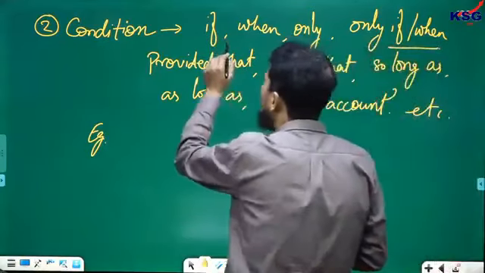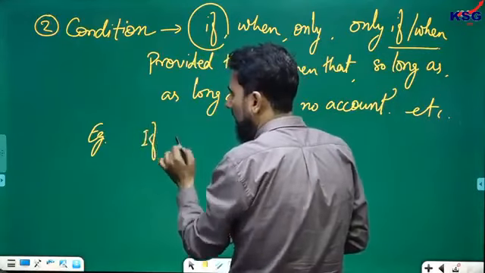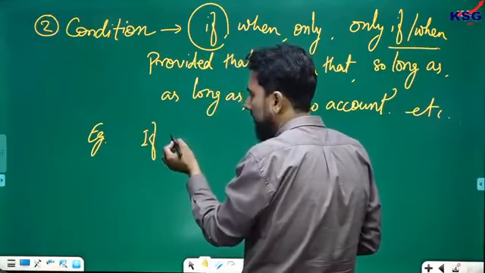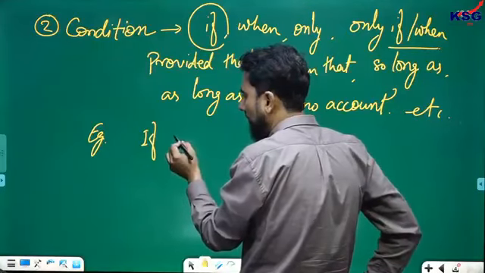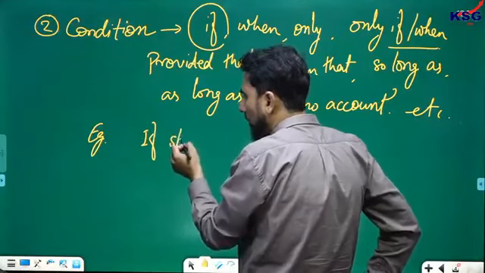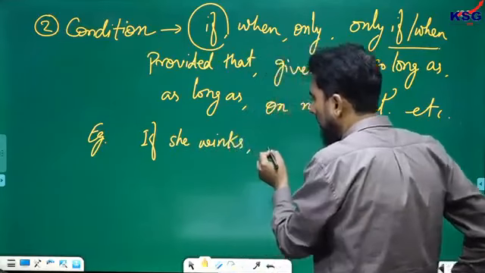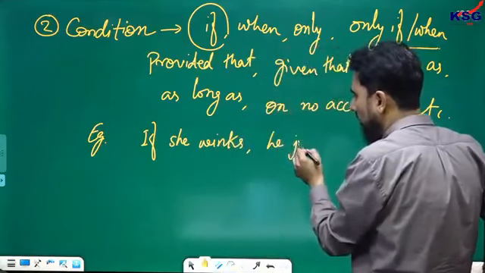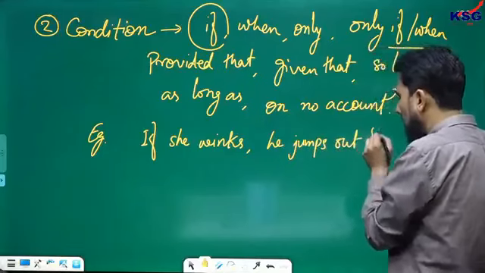I take this commonly used word, if. So if I say, if she winks, he jumps out of the window.